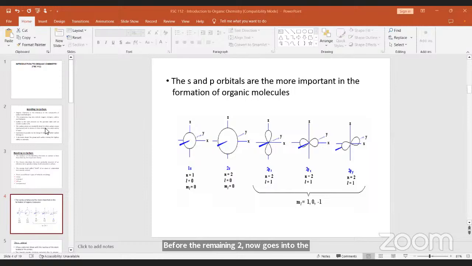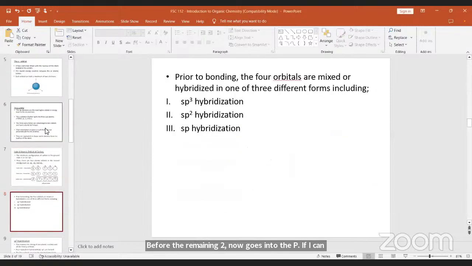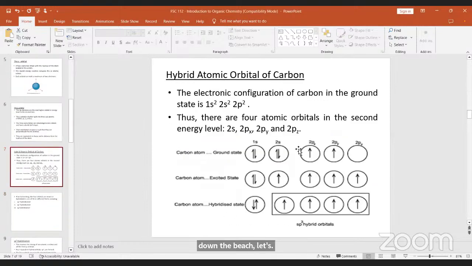Now, this is what I'm saying. The electronic configuration of carbon, as I just recalled, is 1s2, 2s2, 2p2. And if I can represent it this way, you have 2 electrons. You can see the arrows.